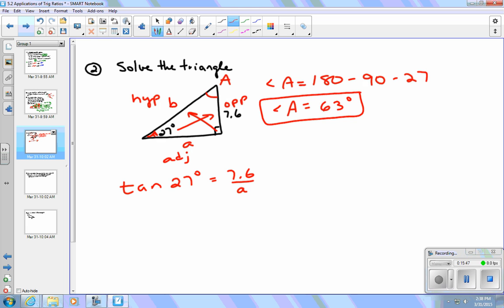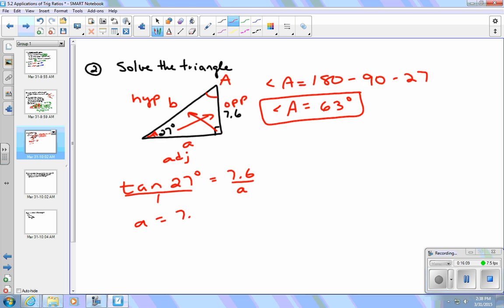Now we want to solve for A. The quickest way to think of it would be to put a 1 under here and recognize that as a proportion where we can cross multiply. So we could say that A times the tangent of 27 degrees is equal to 1 times 7.6. But then to get A by itself, we would divide by the tangent of 27 degrees.